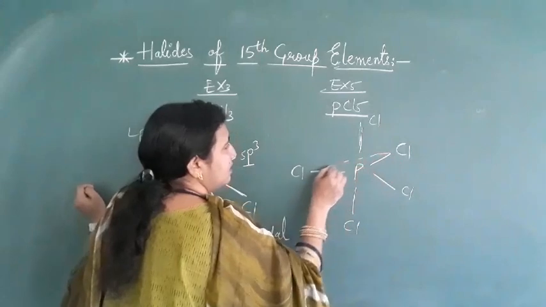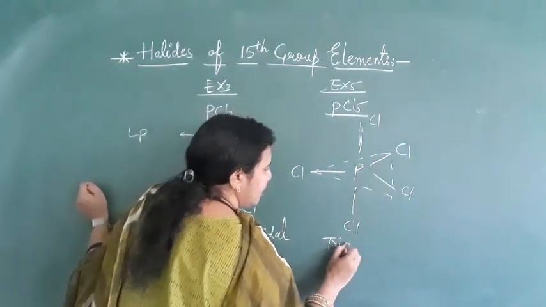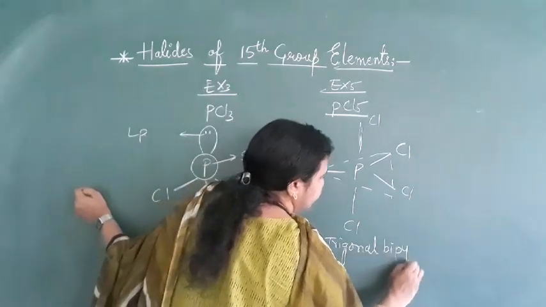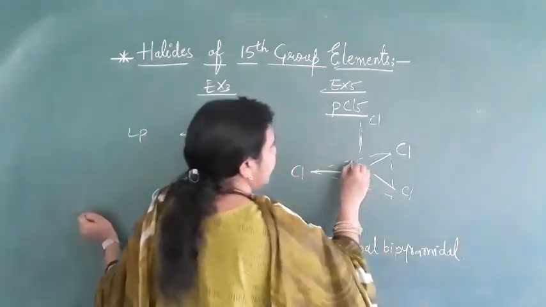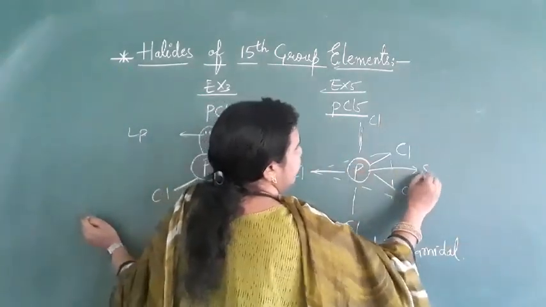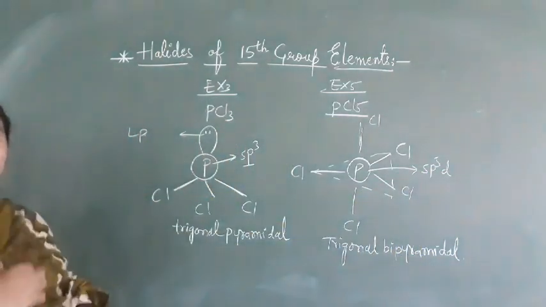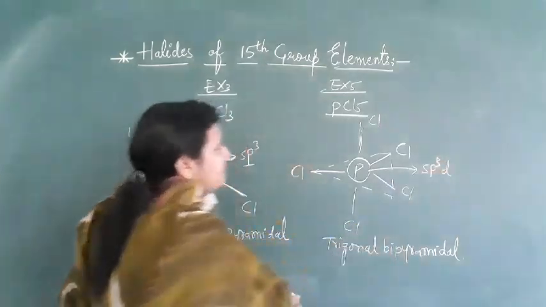This is called trigonal bipyramidal, and the central atom hybridization is sp3d.